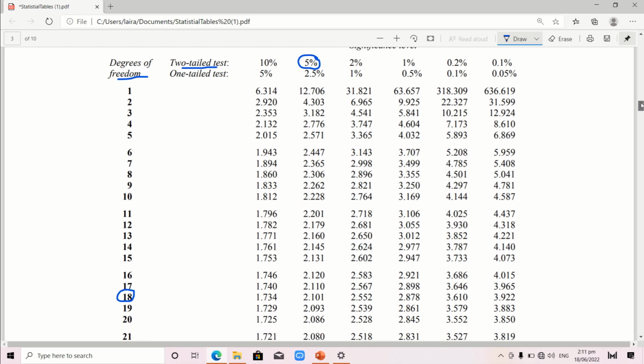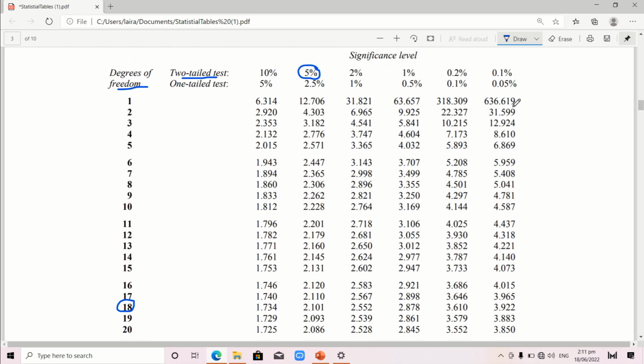Then we search for the number at which the significance level and the degree of freedom intersect. So 18, and there we have it. Thus, our critical t-value is 2.101 or 2.10.